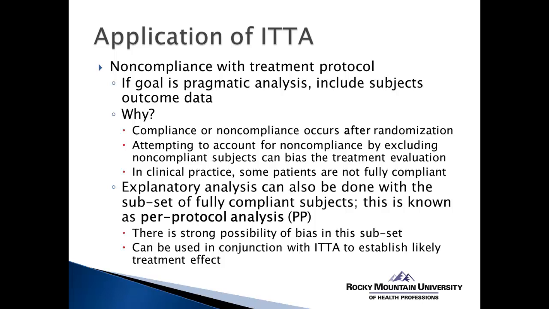And in clinical practice, some patients are not fully compliant. So to really get an idea of how things might work in the real world in a clinical setting, we need to accept the fact that some patients might be non-compliant. And so this again gives us a better idea of the holistic response that we might get to a treatment. Now, we can also do kind of an explanatory analysis.